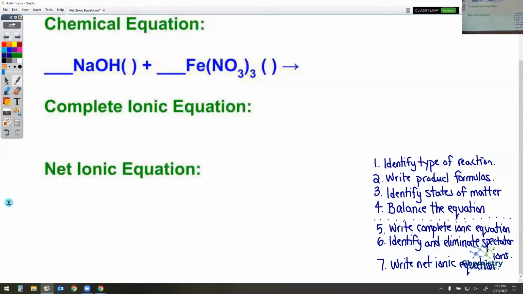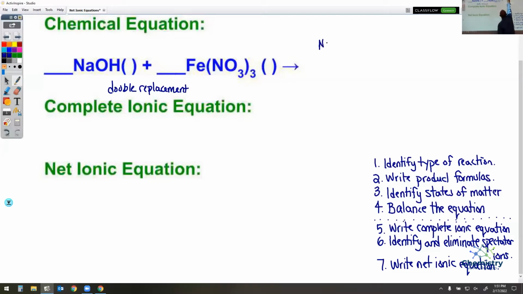In this example, we have a double replacement reaction. So once we identify this as a double replacement reaction, we can look at what our products are going to be. Our first product is going to be the combination of sodium ion and nitrate ion.